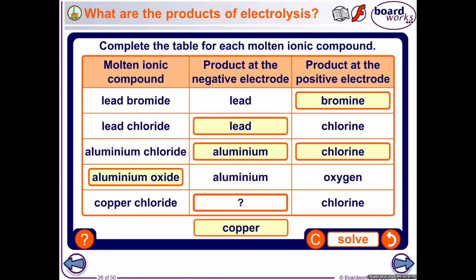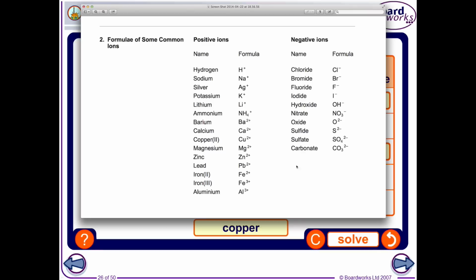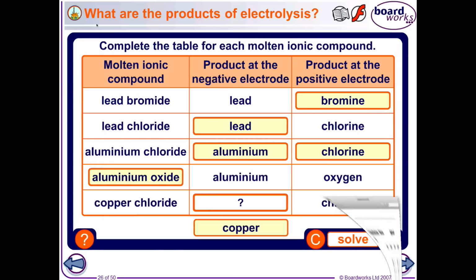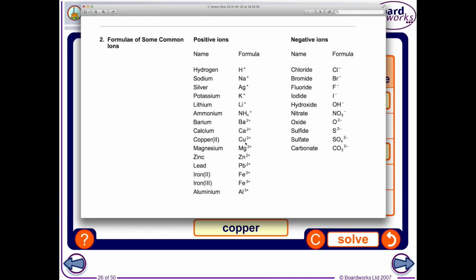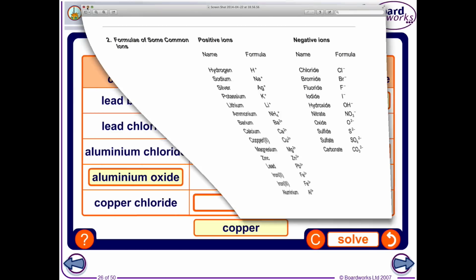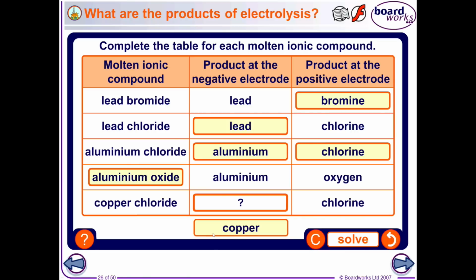Again, if I go down to my data sheet, aluminium 3+, oxide is 2-, so the aluminium is attracted to the negative, the oxygen is attracted to the positive. My final example is copper chloride. Again, data sheet, copper, there it is 2+, chlorine, there it is -1. And as you can see, the copper being positive will be attracted to the negative electrode, and the chlorine being negative is attracted to the positive electrode.